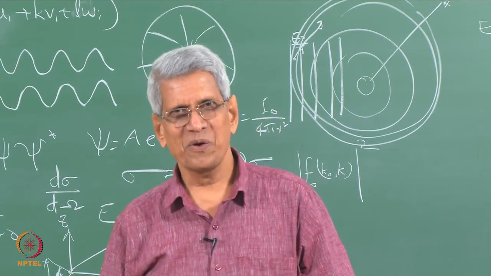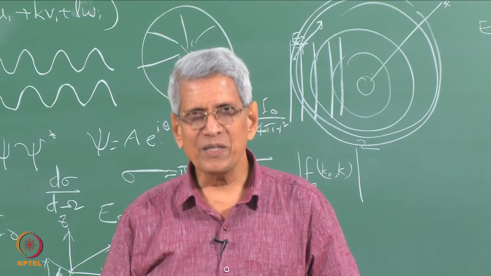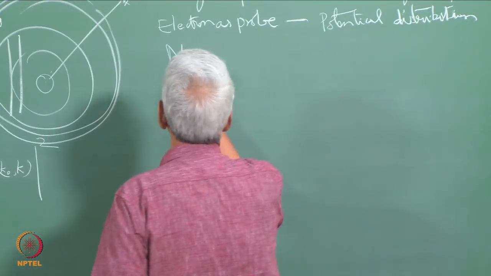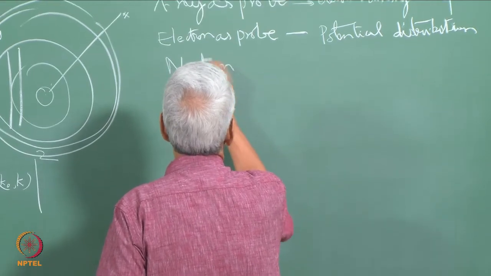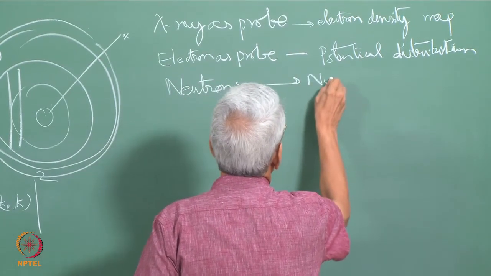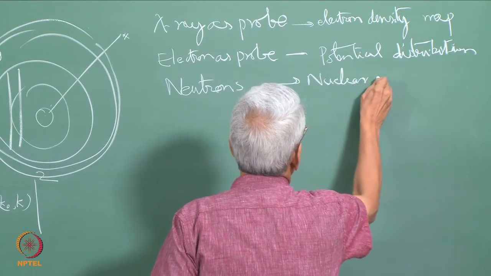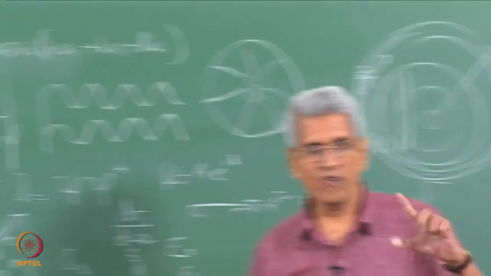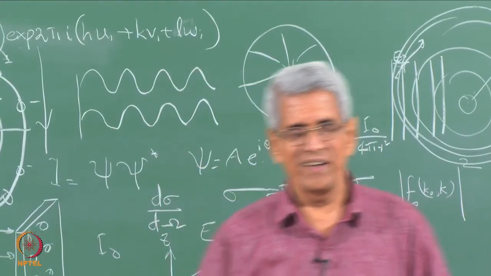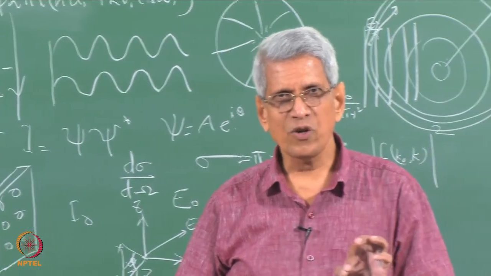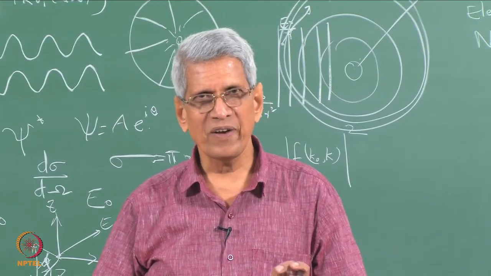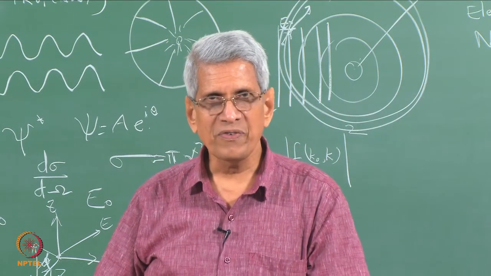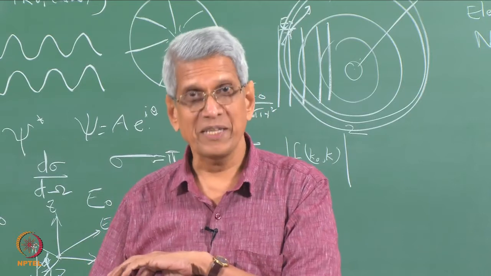Whereas if we look with neutrons, it talks about the nuclear charge distribution. Suppose there are two different isotopes for the same element. Each isotope can have a different atomic scattering factor, and one could be positive and another could be negative, which you find only in neutron scattering.